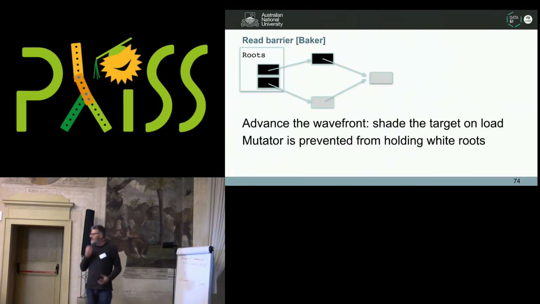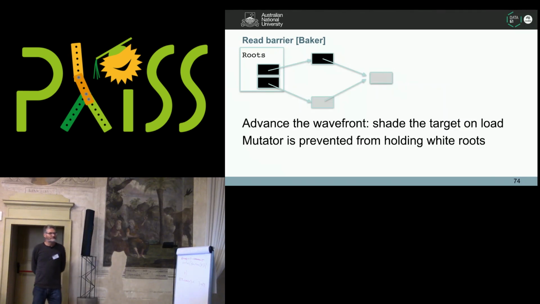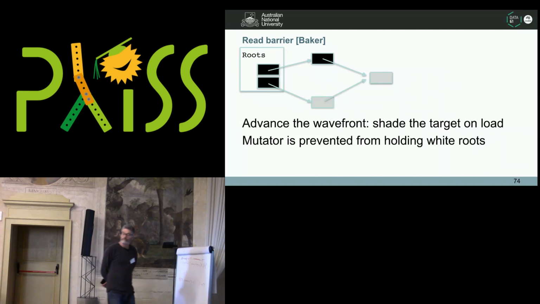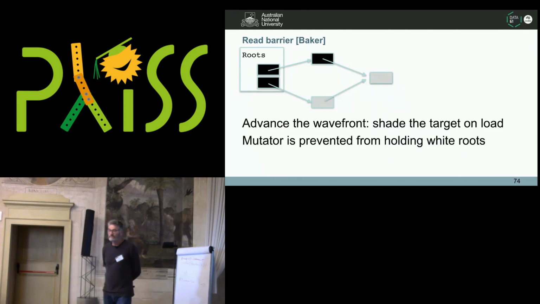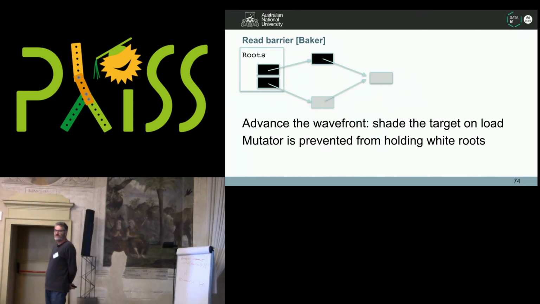Okay. Who can see why this might be a less desirable kind of barrier? It looks very expensive. Yep. And what's more, it means that we have to perform a barrier on every read from the heap, not just writes. And reads are much less common than writes.